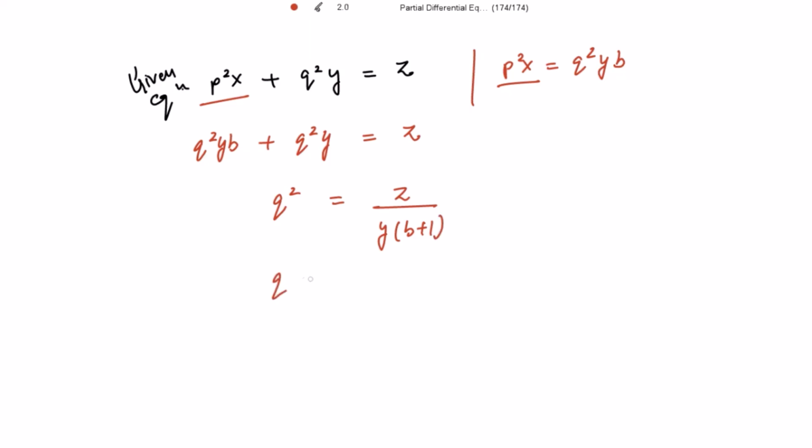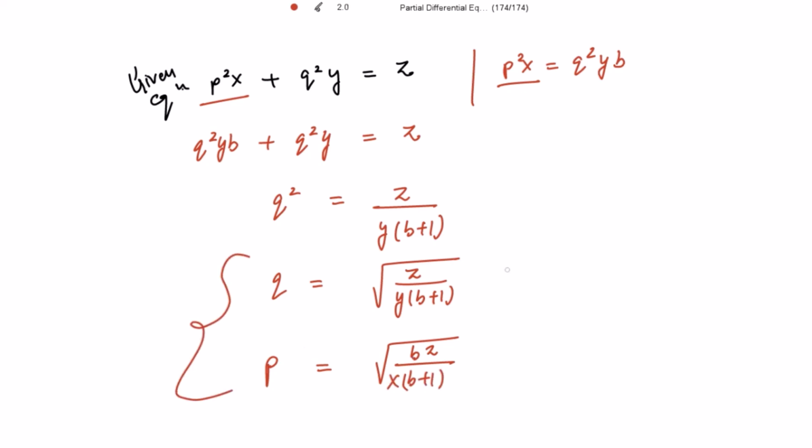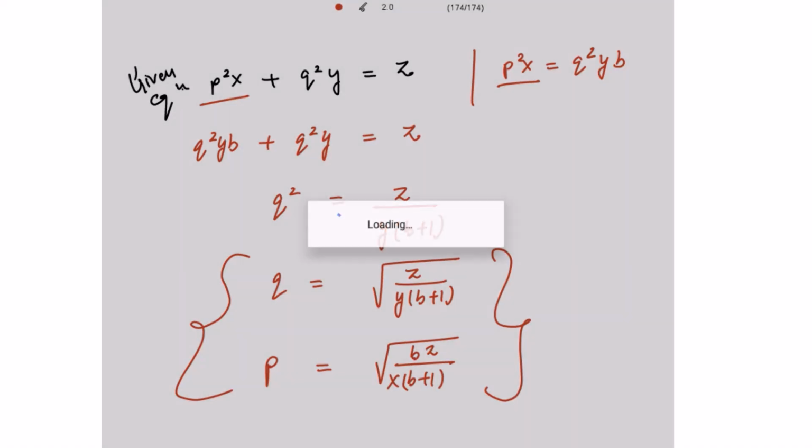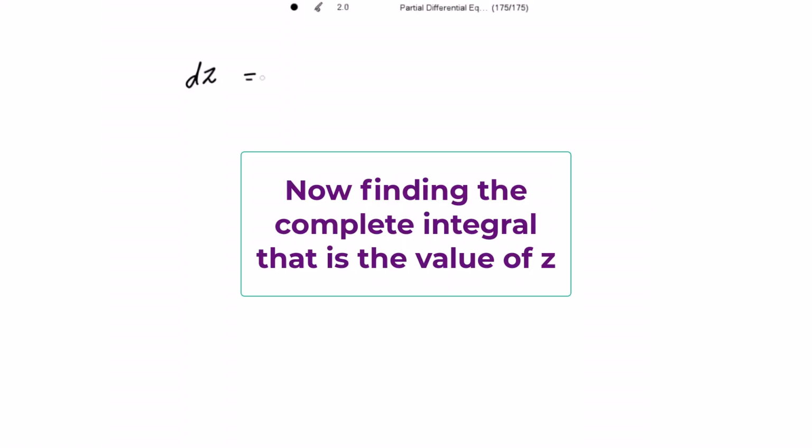And q is equal to the square root of z divided by y into b plus 1. Similarly, we can get the value of p to be square root of bz divided by b plus 1 into x. So from these two values, we are going to use the equation dz equal to p dx plus q dy to get the complete integral.